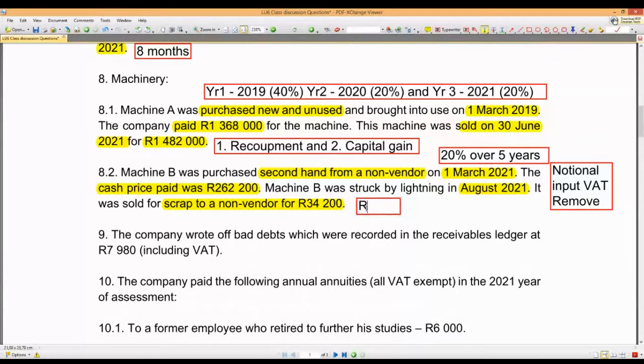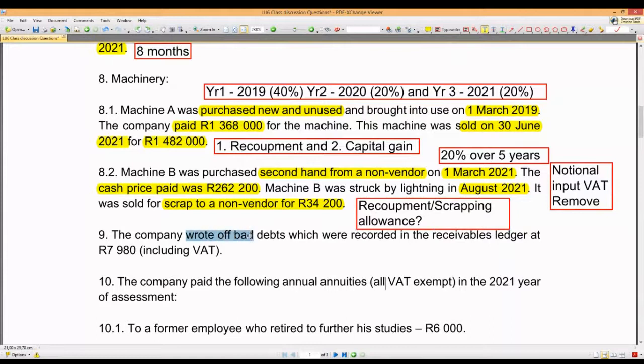So the question is, do we have a recoupment or a loss, a scrapping allowance? Okay, so that will be dependent on what the tax value or the carrying amount at that stage would be. Now, normally, if it is struck by lightning, it would generally be more a scrapping allowance than a recoupment, but when we do the calculation, we would actually see that.